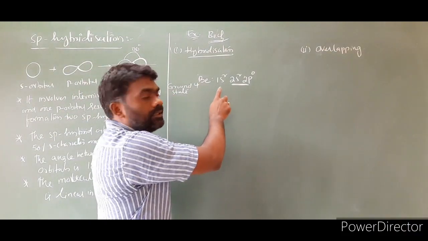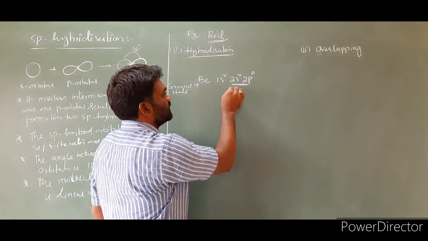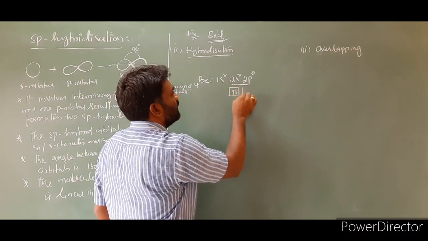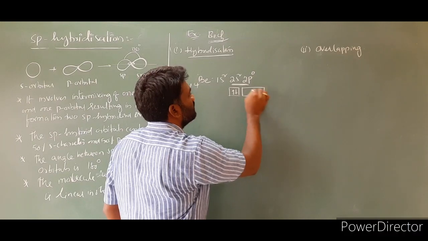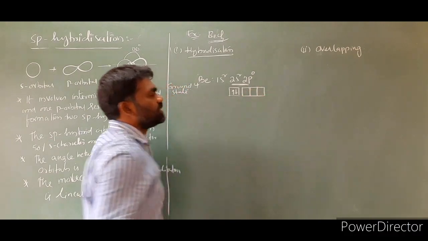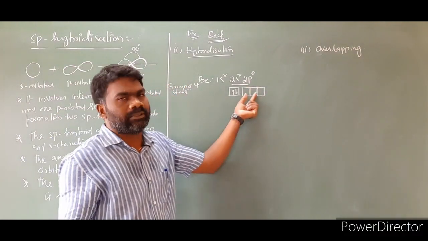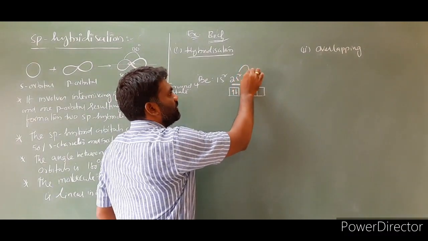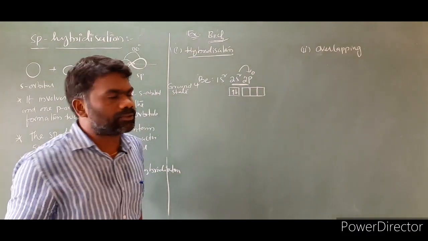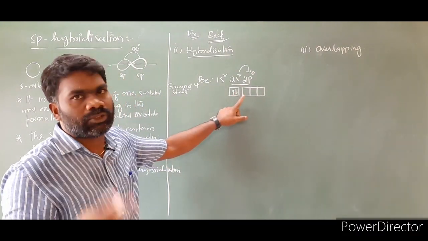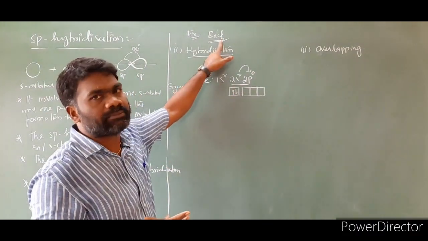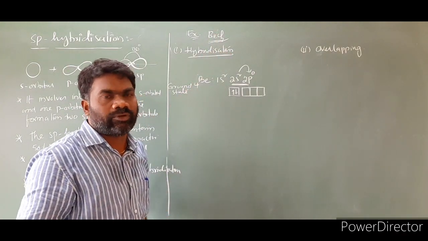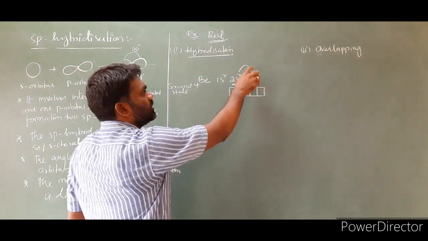Then we have to write the electronic configuration in the form of boxes. There are 2 electrons here, 1, 2. Here is the p orbital, there are 0 electrons. No need to fill this orbital. Now, in the excited state, one electron present in the 2s orbital will be jumped to the 2p orbital. So we have to make it 2 single electrons, because 2 chlorine atoms are there and we have to share with them. Then this electron will be jumped here.